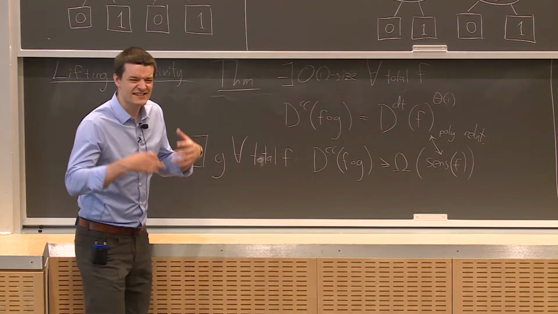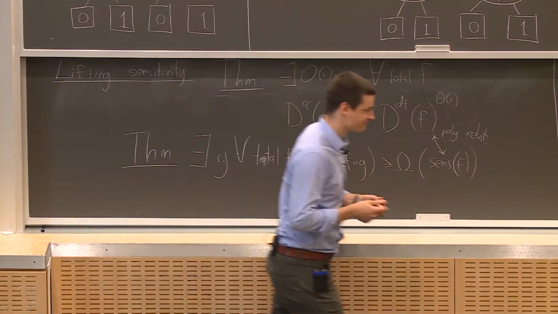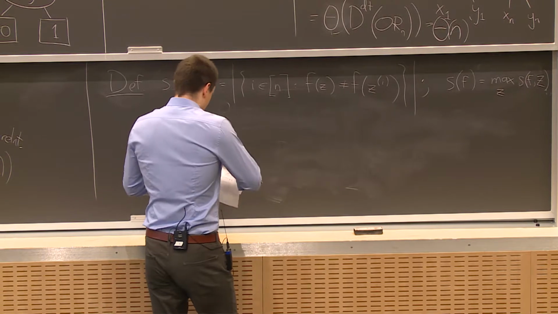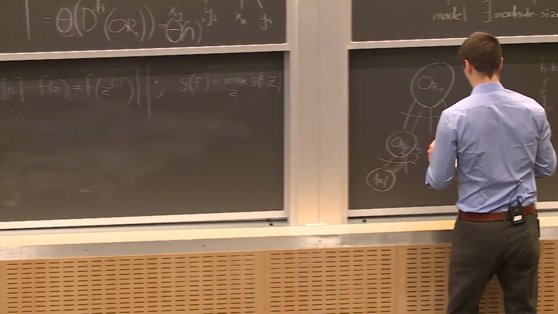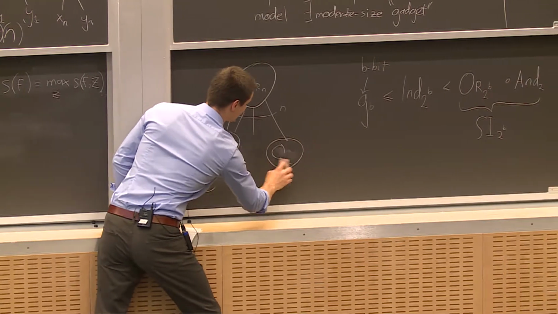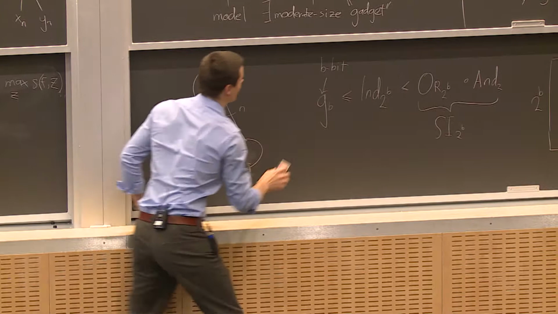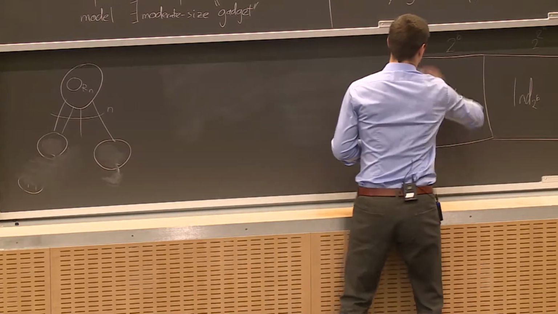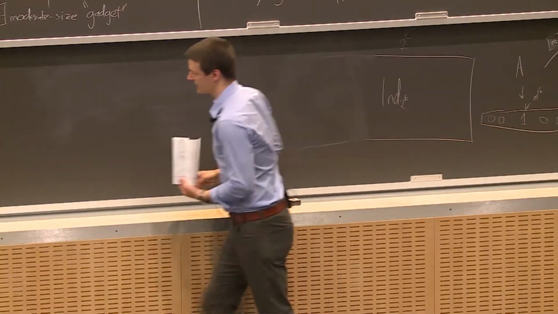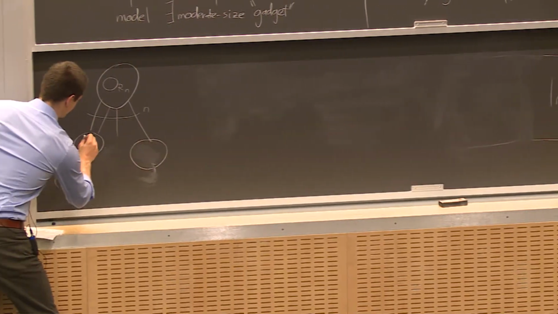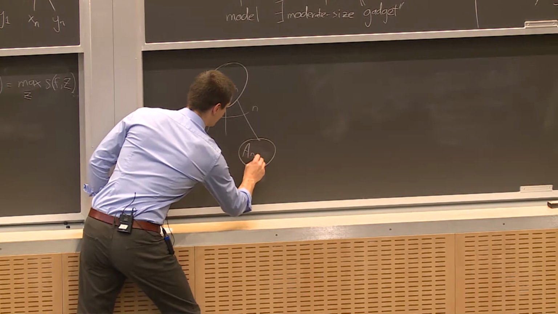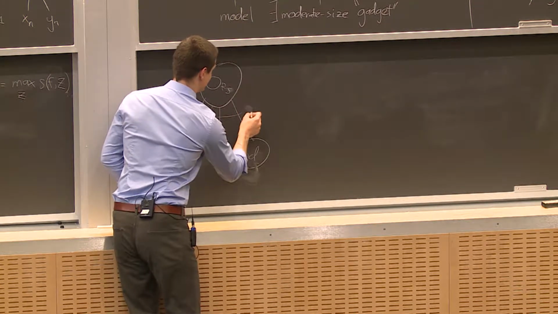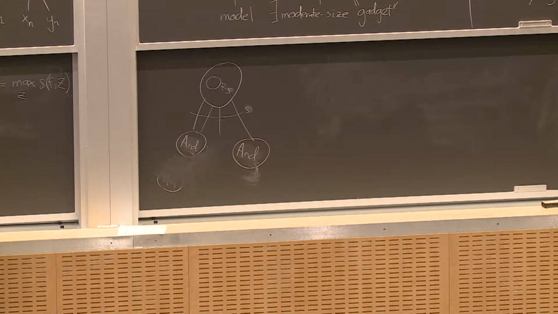Okay, so let's prove this, and I claim it's just a reduction from set disjointness. So I start with set disjointness, not on n bits, but on s bits, where s is the sensitivity of my f.